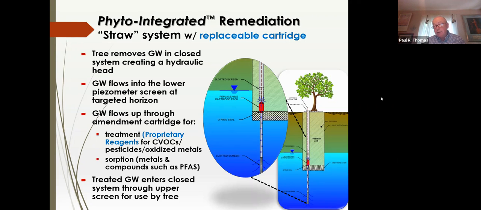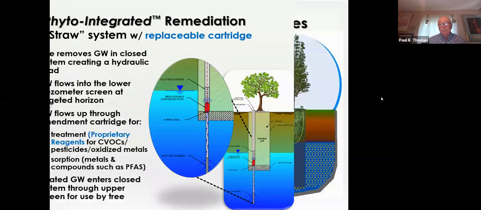In order for this to work, there has to be enough hydraulic pressure on the water at that bottom screen that it rises up in that well casing to where it's inside the TreeWell unit. So this is only possible when we have that kind of condition, where we have a contaminated aquifer at some depth that has enough pressure to allow the water to rise up into that TreeWell unit.